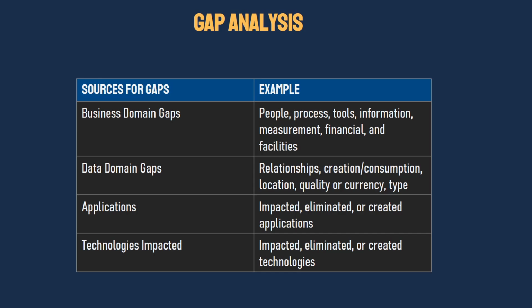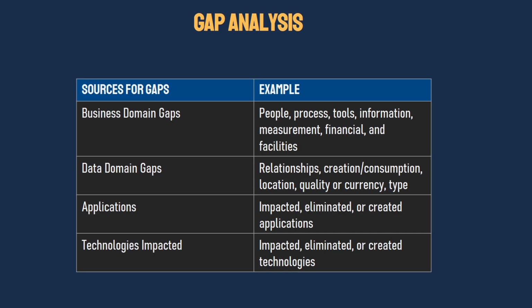Application gaps could exist with applications that might be impacted, eliminated, or created by your architecture work. Technologies impacted is similar in that we look for things that are impacted, eliminated, or created as a result of your architecture work.